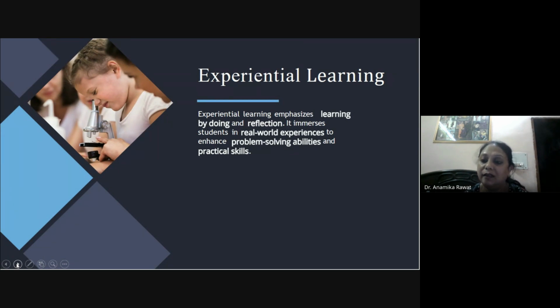In experiential learning, what we teach in class in a theoretical way, we compile data on that basis. We make some activities on that basis and tell them to perform in the class. It could be different kinds of games, different kinds of activities, as simple as possible.